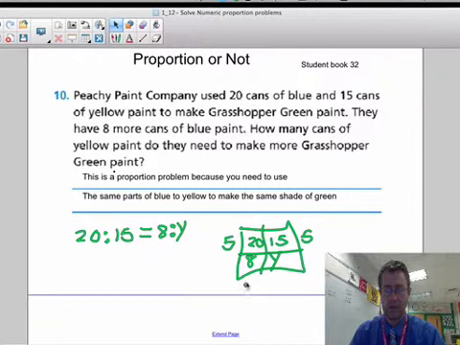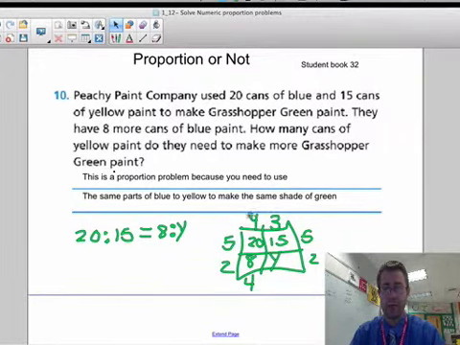I would have here 4, because these are multiples of 4. 4 times 2 gives me 8, so I'm going to put a 2 over here. This is the second row, and here this is the 5th row. 5 times 3 gives me 15, and so that tells me that for every 4 parts blue, I get 3 parts yellow.